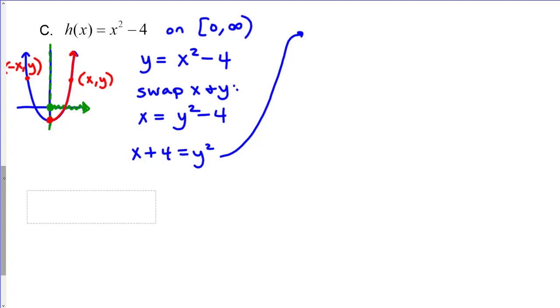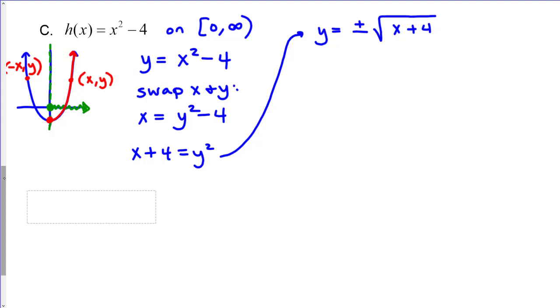Because the thing about this is, when I take the square root of two sides of an equation, I have to consider the positive and negative square root. So y equals the plus or minus square root of x plus 4. Which is what I would have to do without that domain restriction. And you can see that all the y values are just negatives of each other, because it's plus or minus the same number.